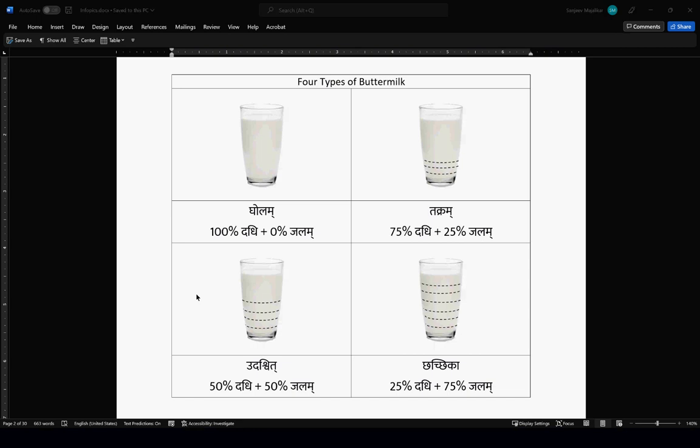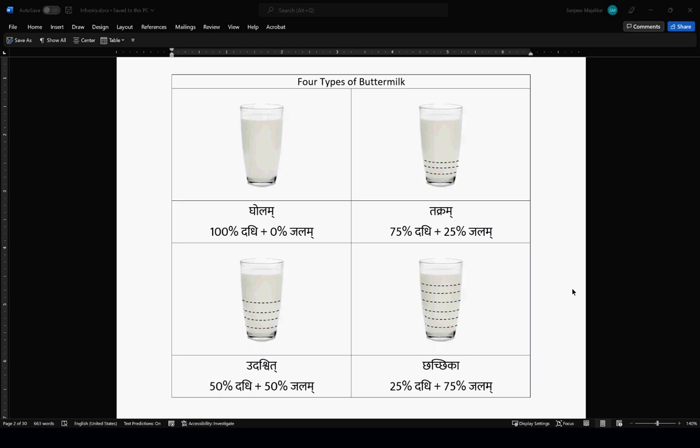Is that supposed to be like that? Yeah, pure buttermilk, with manthanam. Don't add any water, just manthanam. What's manthanam? Mantaka is the churning. Just churn it. It's thick, like lassi.